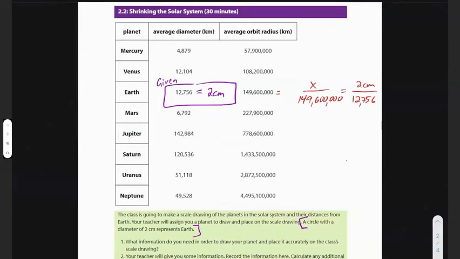I'm going to multiply the 149,600,000 times the 2 centimeters, divide by the 12,756, and we get 23,455.6 kilometers.